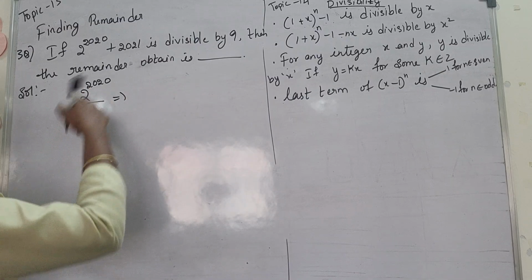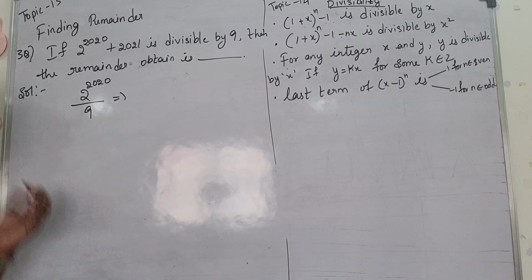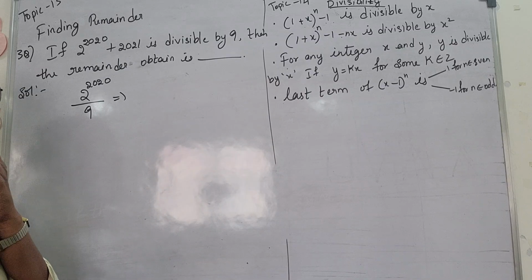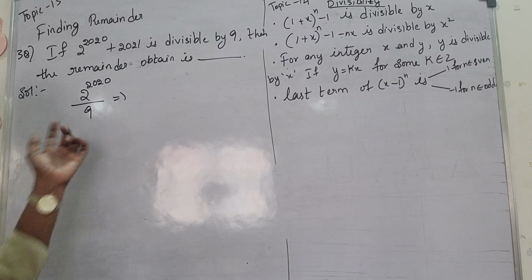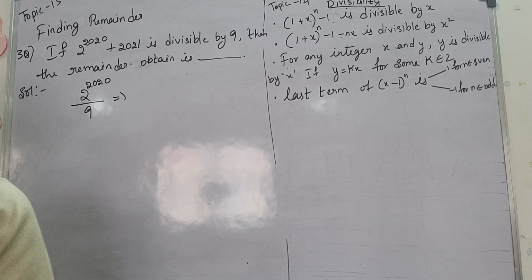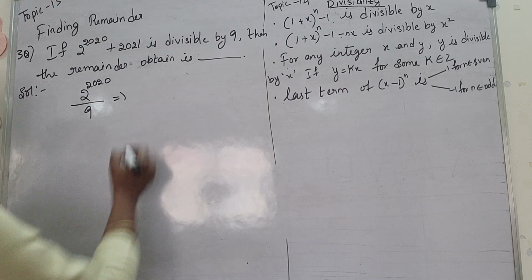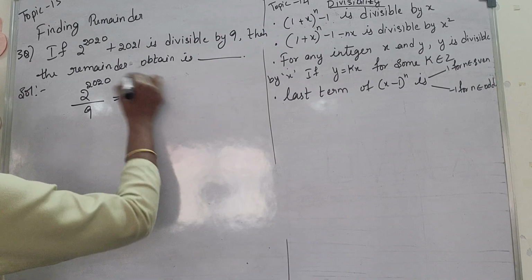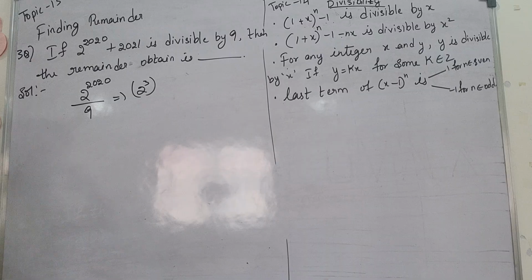So 2 is here. So if I take 2 power inside, it will be 4, but not nearest to this. Again, I'll take a 3, so it will be 8. So 2 cube. If I want to remove it, how will I get it?